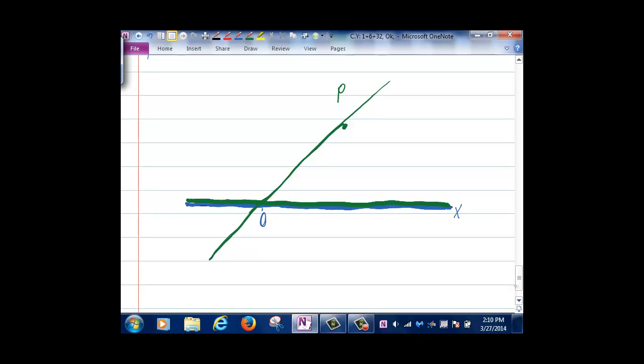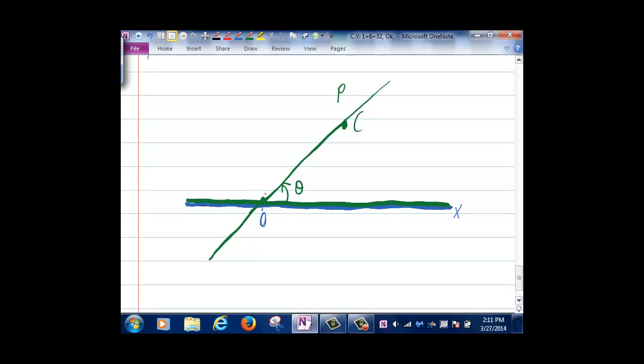So let's say in order to get to this point P, you needed to rotate by an angle, let's call that theta. So you needed to rotate the polar axis by an angle theta to get to the point P. Now remember, the polar axis itself is a copy of the real number line. So this is the origin for the polar axis as well. Now what are the polar coordinates of the point?